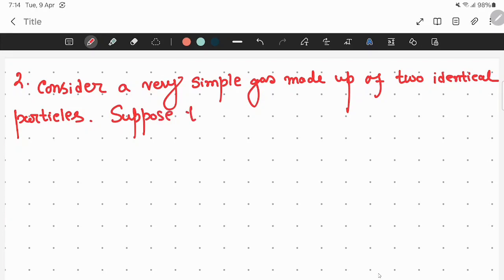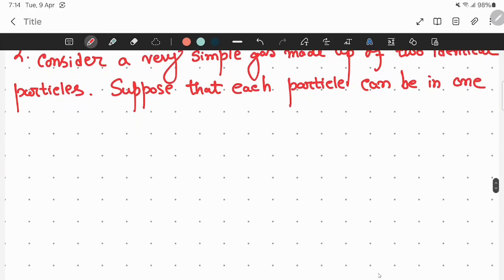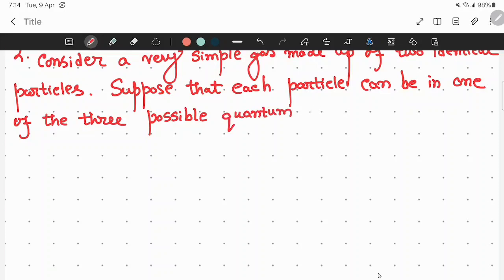Suppose that each particle can be in one of the three possible quantum states.